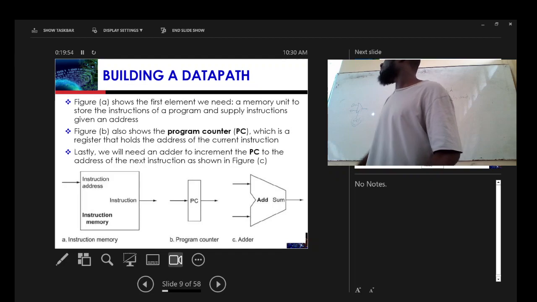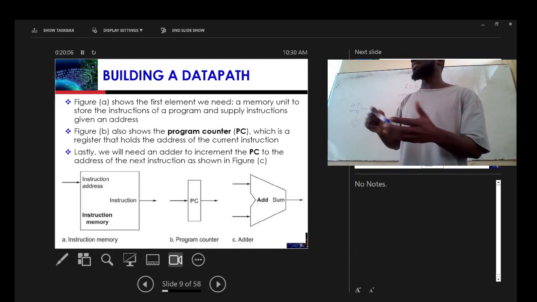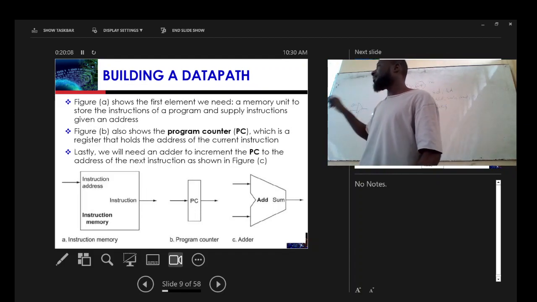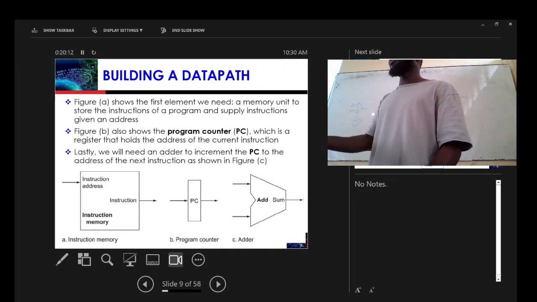So how are we going to combine this adder here? This is just an adder, it's not a zero. The PC and then the instruction memory to perform the action. So all we are doing is that we want the PC to point to the address, and then we want to increment the PC by 4.